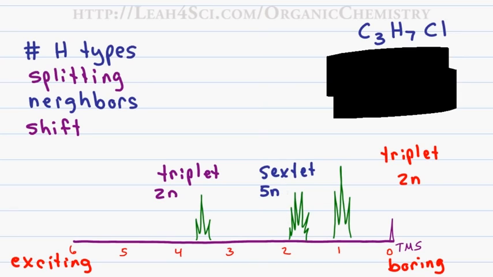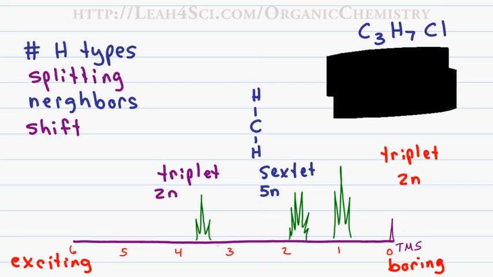I'll keep the colors consistent with the descriptions so you can follow how I'm coming up with these hydrogens. The sextet will be a CH2, and the reason I got H2 is because both the triplet on the right and the triplet on the left each have 2 hydrogen neighbors, so the middle peak will be those 2 hydrogens.